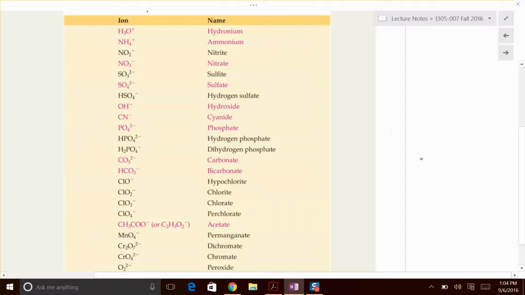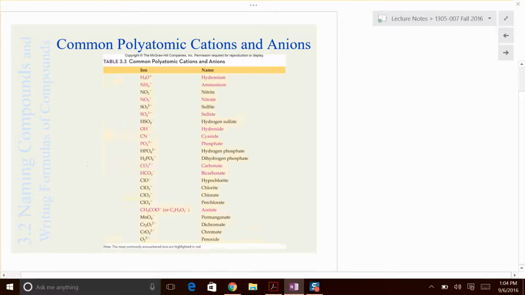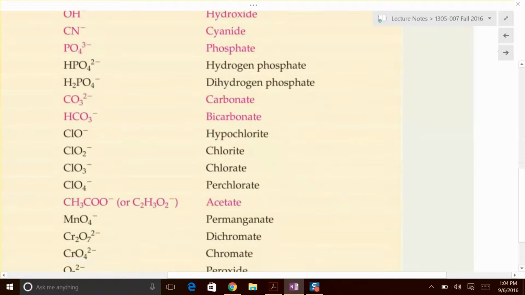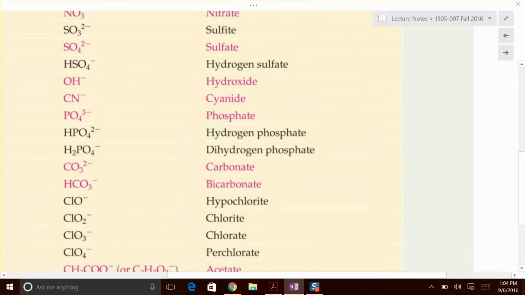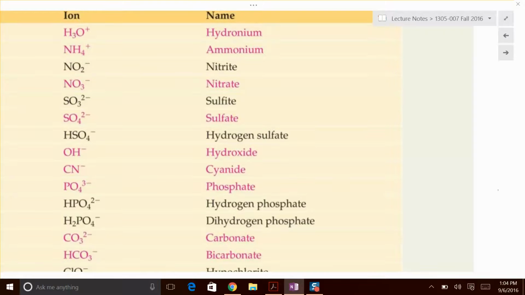What's next? Is that all of them? Wait, no, did we do calcium? We need to do this one. Where's my hydroxide? Okay, hydroxide. So calcium OH2, calcium hydroxide.